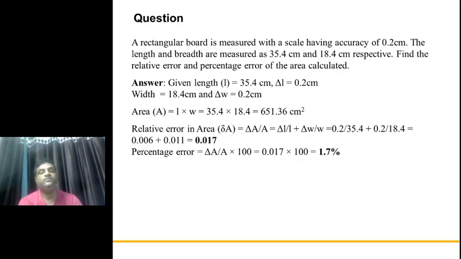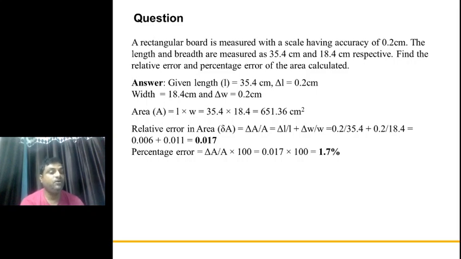Generally, once you calculate the area, then we are able to calculate the relative error. So in the area, length and width are both involved, so in the error, both are also involved. But in the case of error, both errors are added, not multiplied. That is the trick. Otherwise, if you write L plus delta L upon this, or W plus delta W upon this, then maybe you get confused.